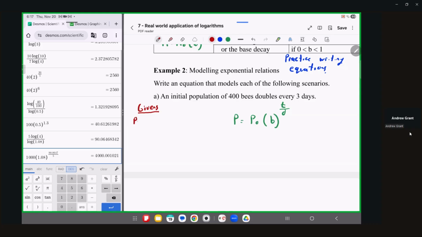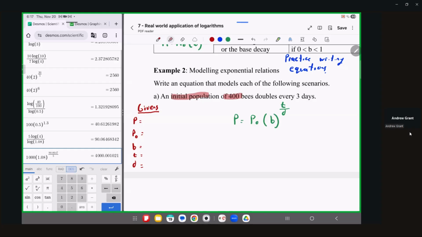So we might want to know, what is P? What is P naught? What is b? What is t? And what is d? Now, since these are equations, we're not going to be solving for anything, but you'll see the benefit of this method soon enough.